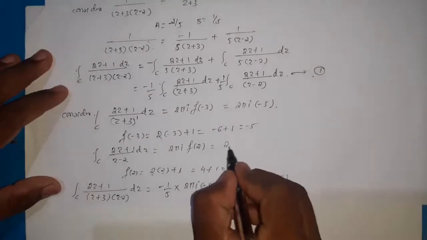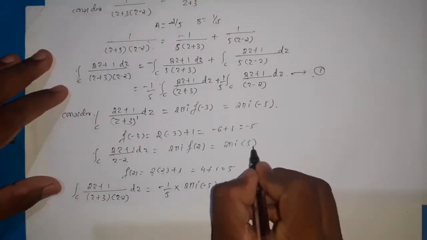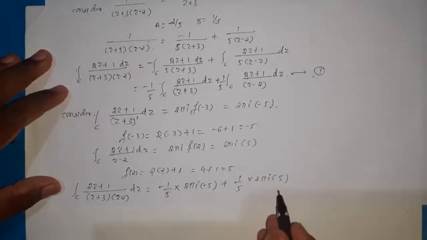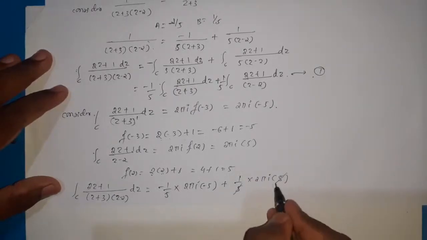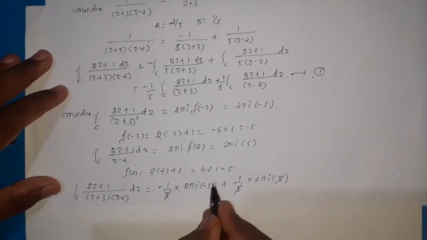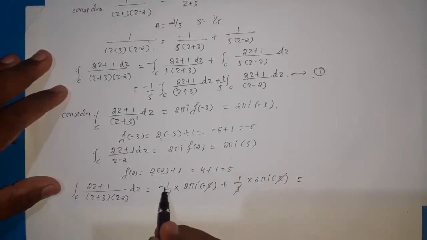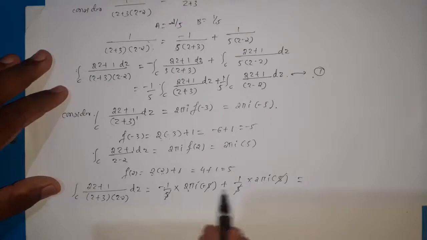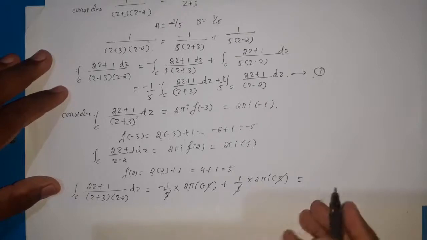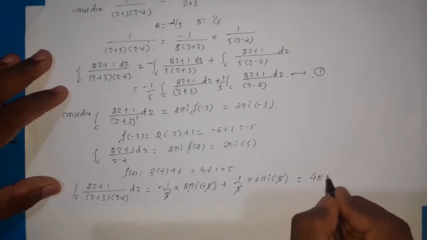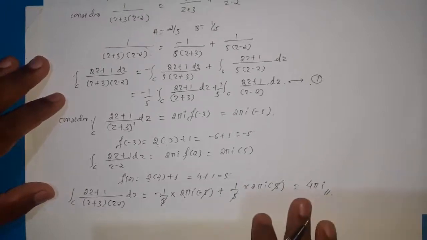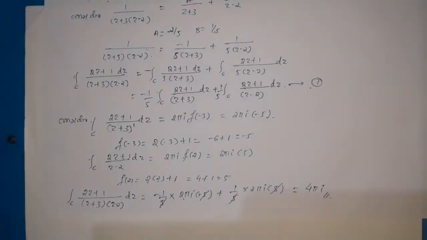So 5 and 5 get cancelled, 5 and 5 get cancelled, and minus into minus becomes plus. Now 2 pi i plus 2 pi i becomes 4 pi i, which is the required value of the integral.